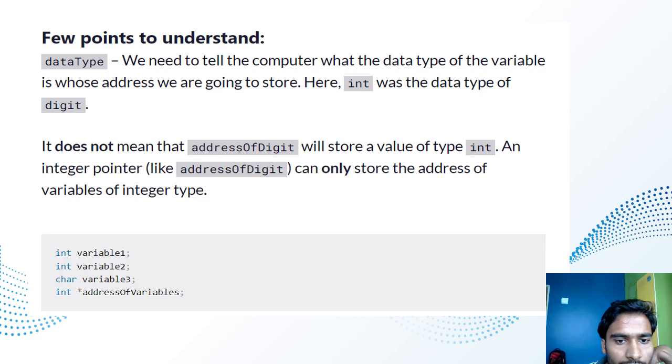An integer pointer like address_of_digit can only store the address of variables of integer type. int variable1; int variable2; char variable3; int *address_of_variables; Star.